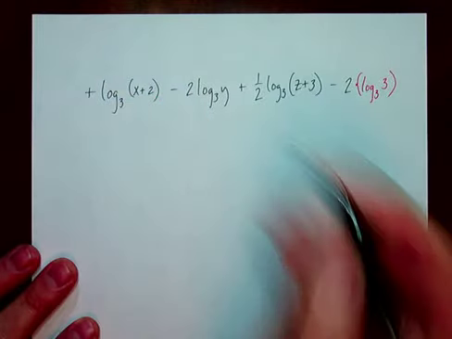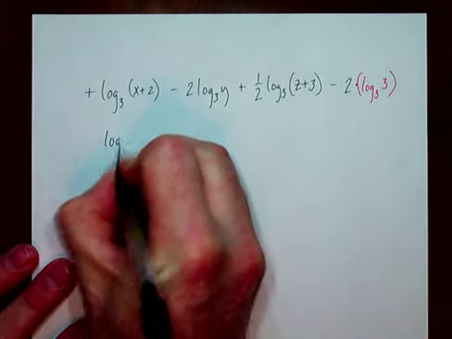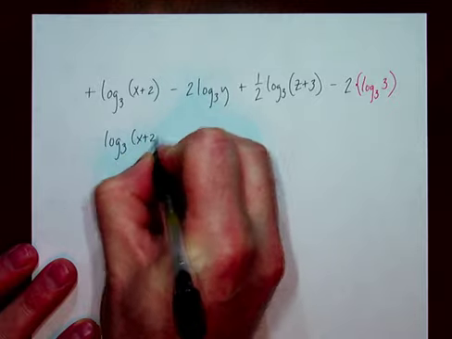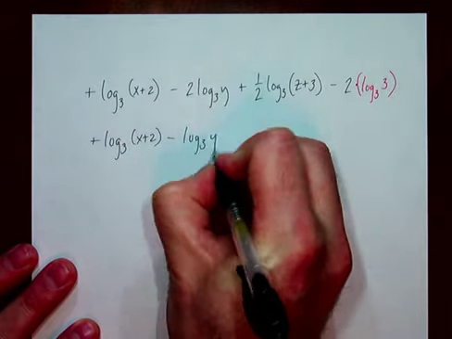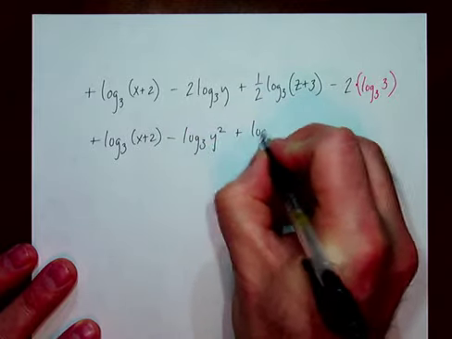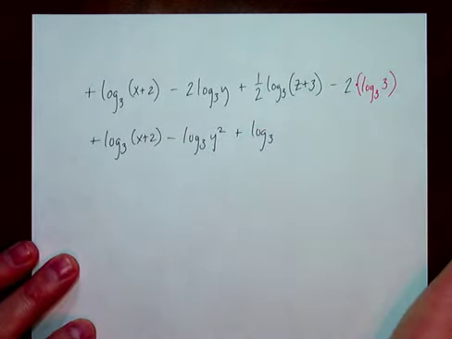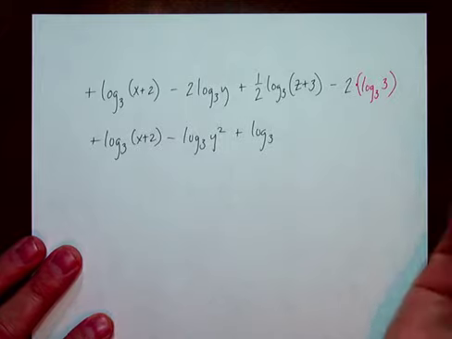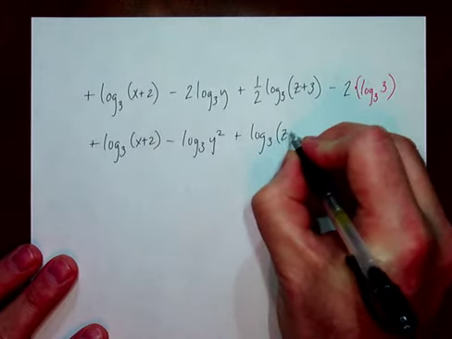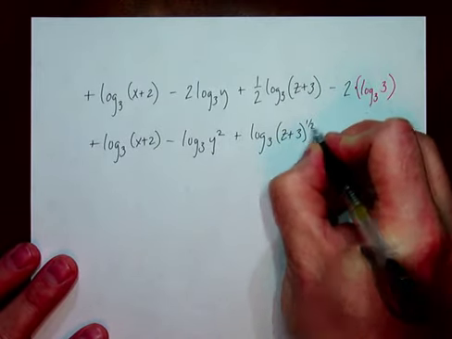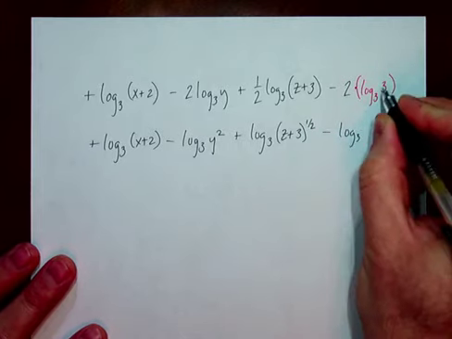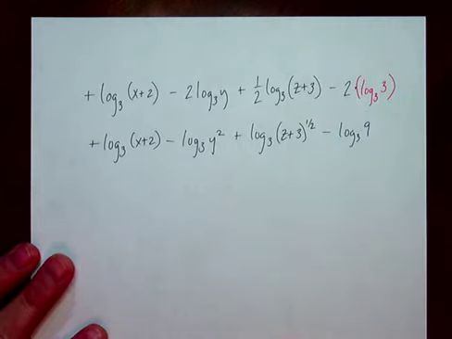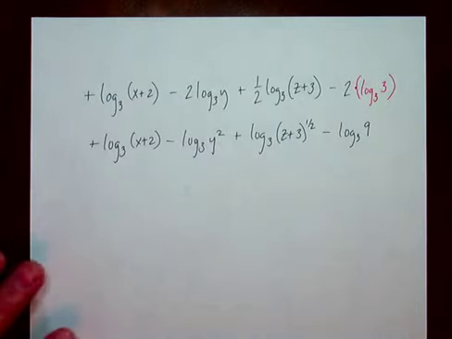And what happens here is you get log base 3 of x plus 2, that's a positive log, minus log base 3 of y squared, plus log base 3 of square root of z plus 3, or z plus 3 to the 1/2. Let's just do it in fractional exponents. And this winds up being log base 3 of 3 squared, or 9, because log base 3 of 9 is 2, right?